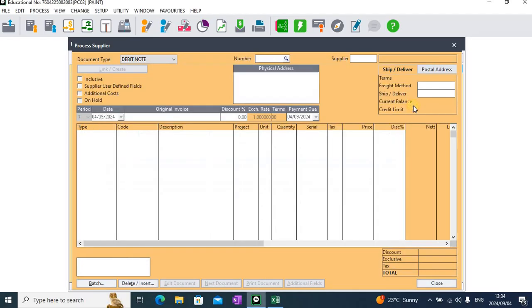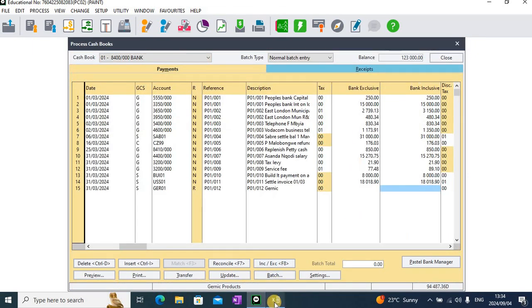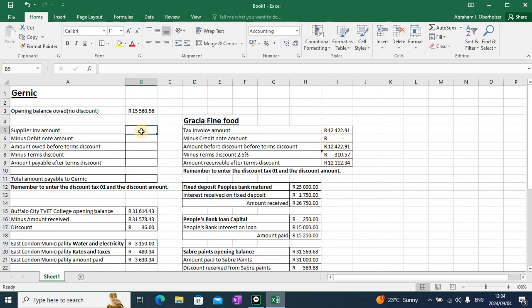Can I go to my Excel? Supplier invoice amount for Jernick was 2,666.26 minus the debit amount 35.29. So the answer is 2,630.97.